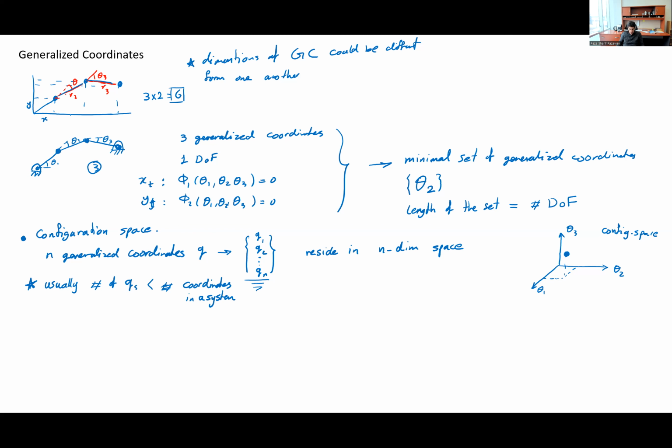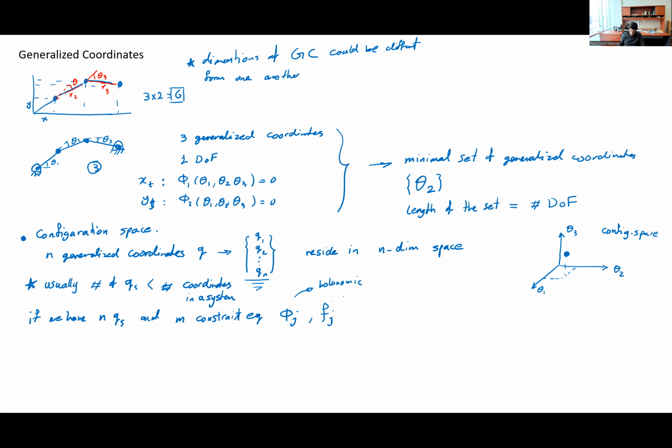Let's see what else. Yeah, let me write this down too. If we have n q's and m constraint equations of phi j, in the holonomic case, usually we write it as f j if it's non-holonomic.